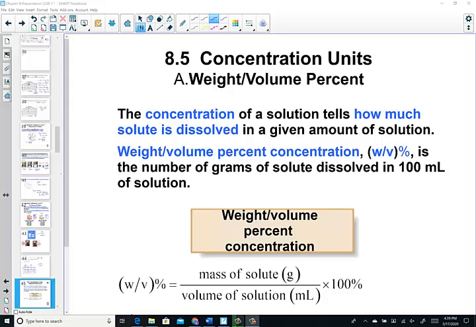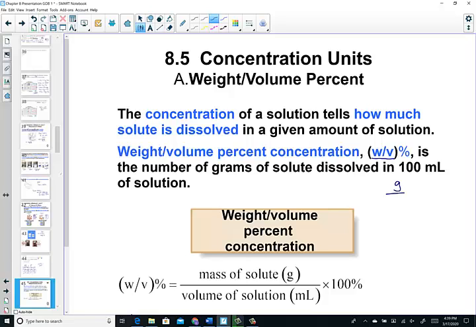So in our note packs, we're going to define concentration. It's really telling us how much solute is dissolved in a given amount of solution. Weight by volume is one type of percentage. You'll see that written as W over V, representing weight by volume percent.